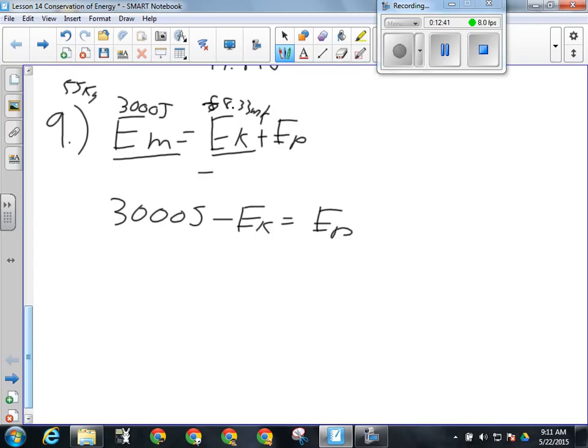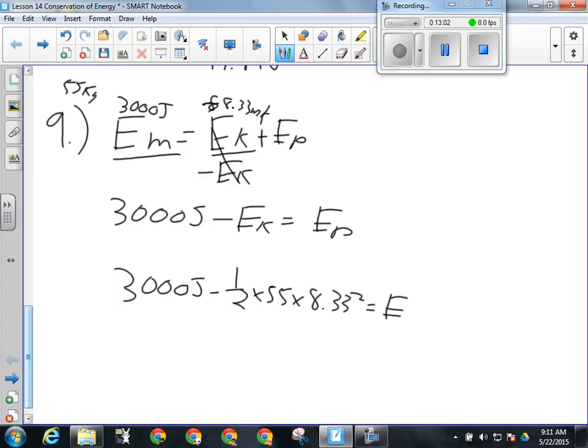All I've done is subtract EK from both sides. Now I'm going to plug in my formulas: 3,000 joules minus 1/2 times the mass, which we were told was 55 kilos, multiplied by his speed squared, 8.33 squared, and that's going to equal EP.